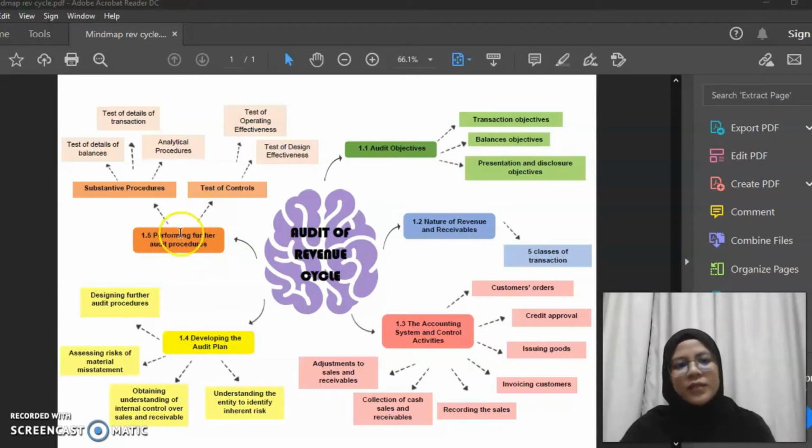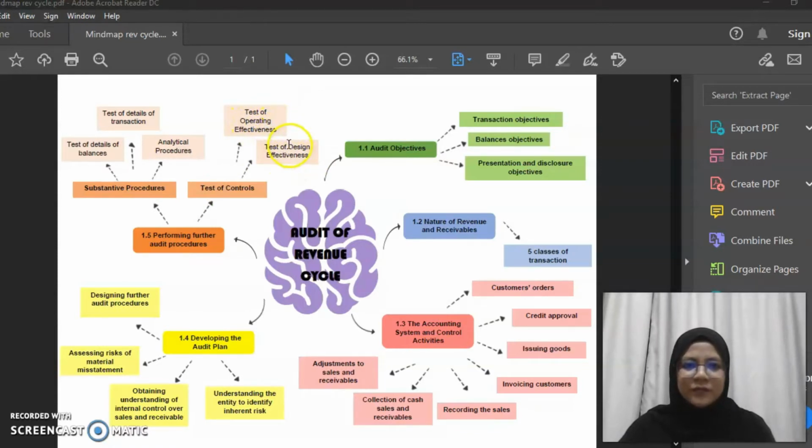So there are 2 types of audit procedure. The first one is test of control and the second one is substantive procedure. So test of control, or we can call it TOC, has 2 types, which are test of design effectiveness and test of operating effectiveness.